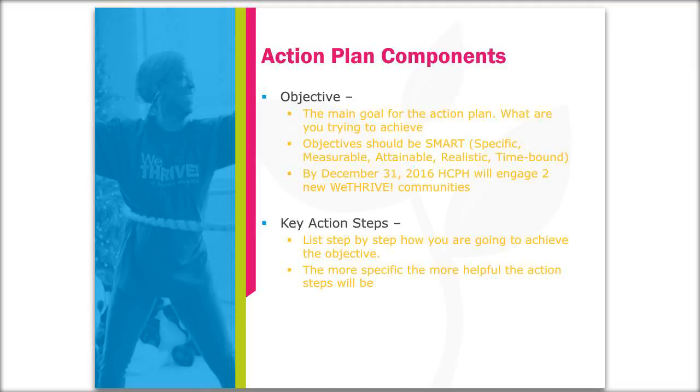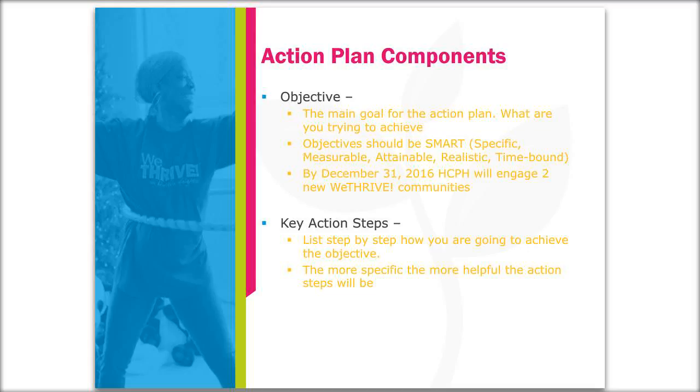So the objective. The objective is the main goal for your action plan. What are you trying to achieve? What is that big picture that you're trying to achieve within your community to help address the concern you identified within the data that you reviewed and or collected?